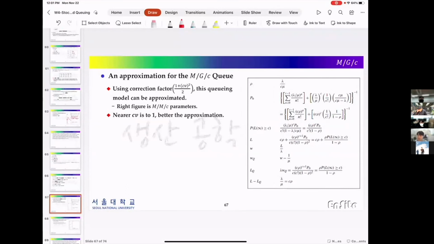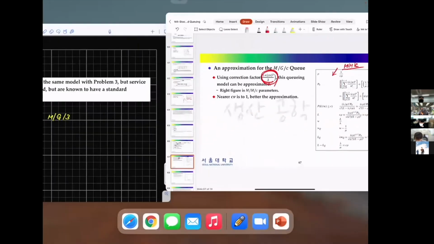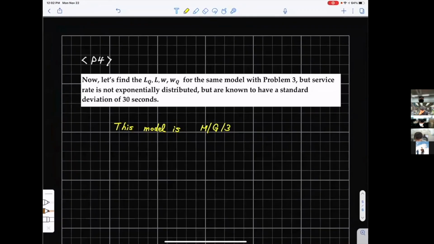There is only one approach, because this is coming from M/M/C, and in our textbook we use this correction factor. We have been guided to use this correction factor. So in this problem, it is also applied.